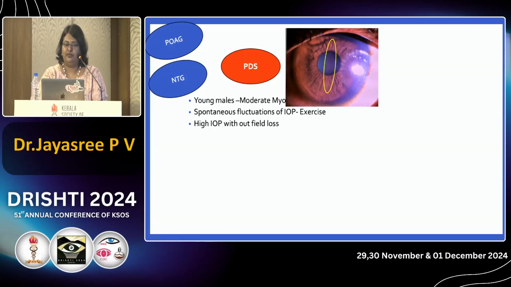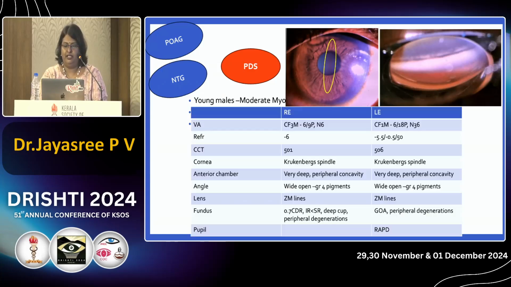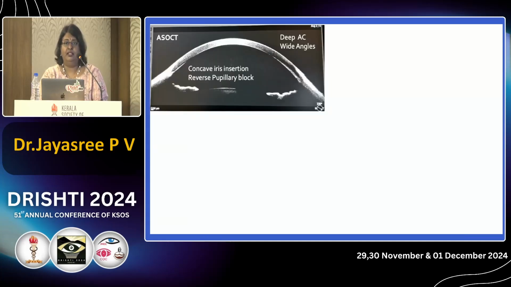They present with Krukenberg spindles, the coffee brown pigmentation, in wide open angles. They have Sandermeyer's lines in the posterior lens, and in the ISOCT picture you see a deep anterior chamber and concave iris insertion. This is called the reverse pupillary block, where the iris hugs the anterior aspect of the lens. This is one condition where PI helps.